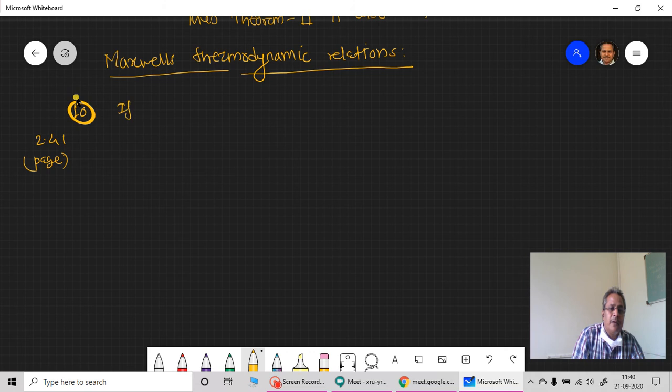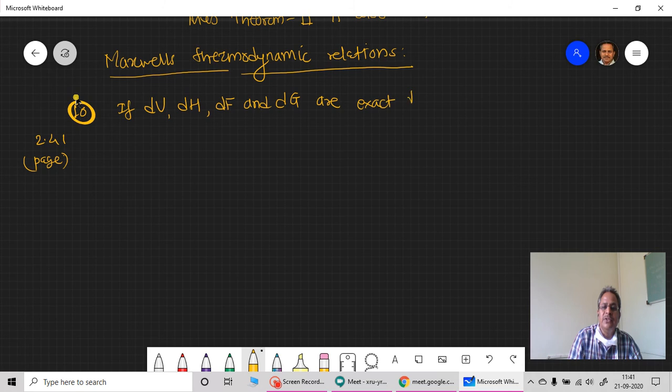If dU is the change in internal energy, dH the change in enthalpy, dF, F is called the Helmholtz function, so change in Helmholtz function dF, and dG is called the Gibbs free energy, so dG, okay, are exact differentials. These are all exact differentials.